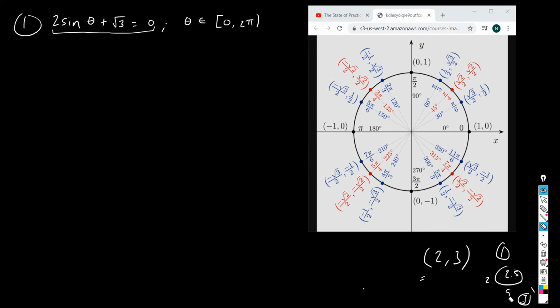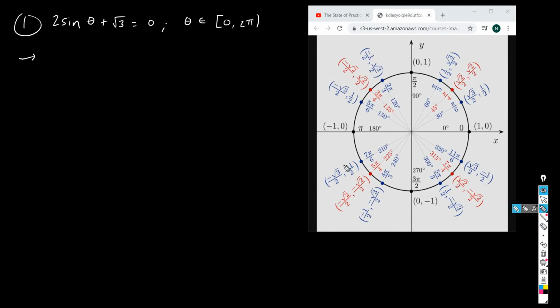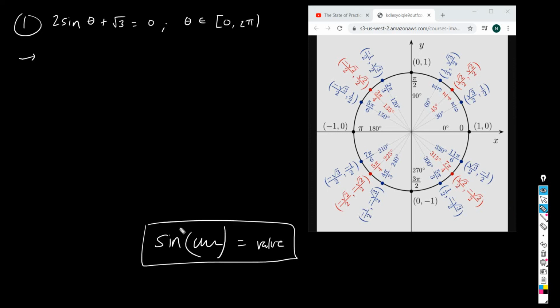So let's get started. As I told you in the lesson before, we need to start this type of equations by trying to simplify the equation into something like this: a trigonometric function of an angle being equal to some other value. If we can do this, do it.